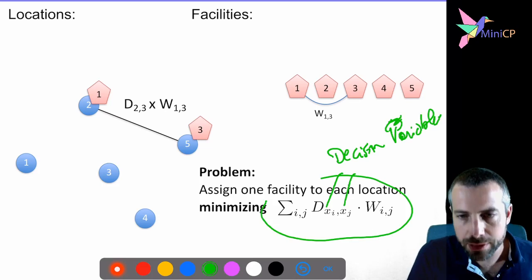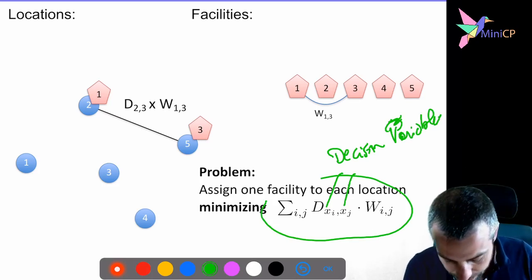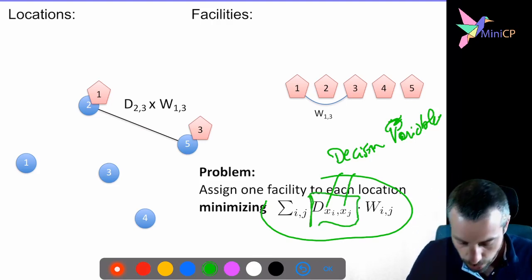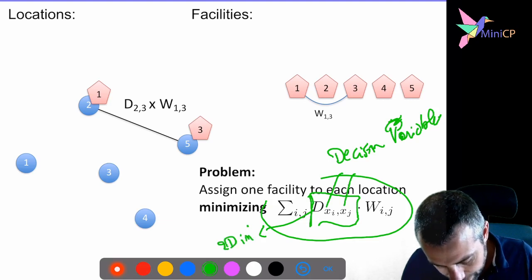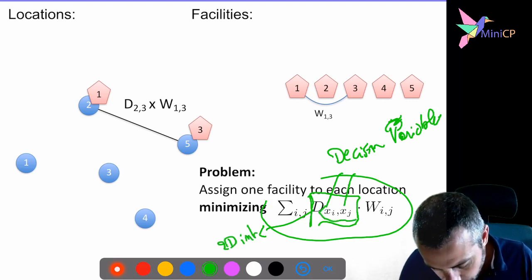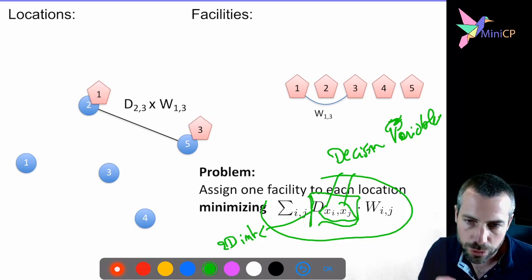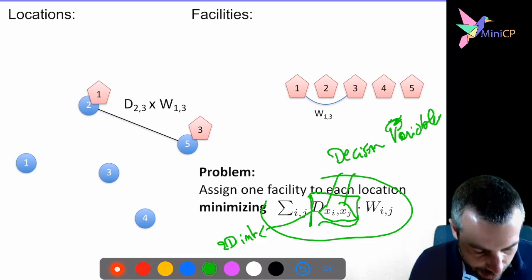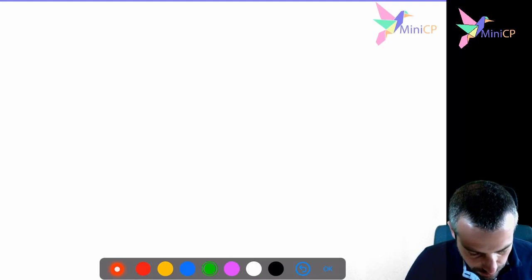So what do we need to model this problem efficiently? We need the possibility of indexing an array. This is a two-dimensional array of integers that I need to index by these two decision variables. For that, I need a new kind of constraint called the element 2D constraint that I will introduce next. But at least I hope that now the quadratic assignment problem is quite clear.